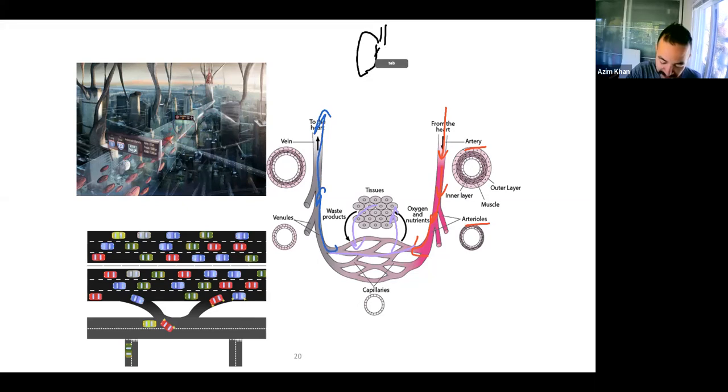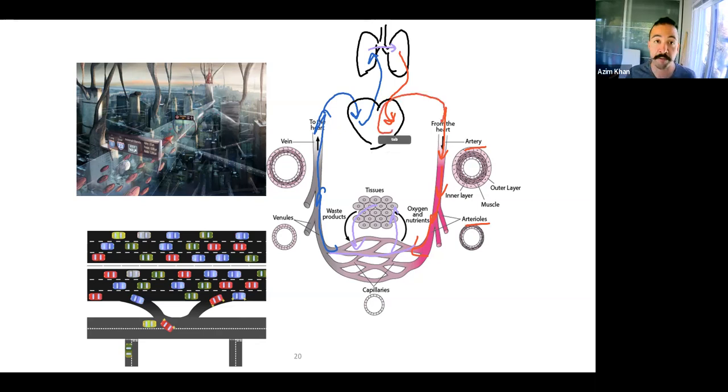These are supposed to be lungs. We can have that deoxygenated blood come back to the heart, from the heart go to the lungs, exchange gases with capillaries, get oxygen, return that blood to the heart, and then deliver that blood out the aorta.